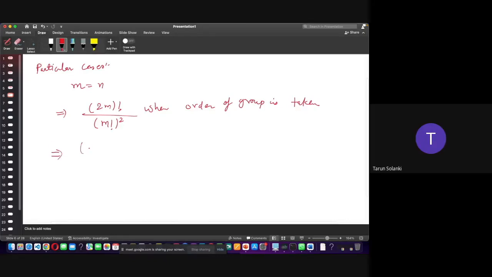Similarly, 2m factorial divided by 2 factorial times (m factorial) whole square when order of group is not taken. Okay, so these are two particular cases when m is equal to n.